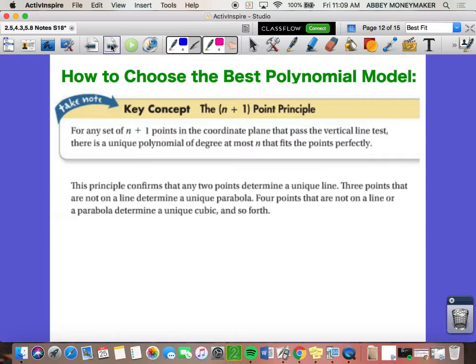So the part that on your notes it says this means that, what? Okay. Let's say you have 2 points. Okay, you're only given 2 points. That means the only regression that you can run would be a linear regression. Because how many points does it take to make a line? 2. How many points does it take to make a parabola? 3.